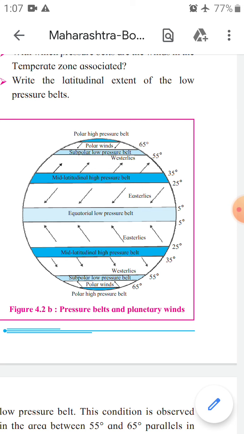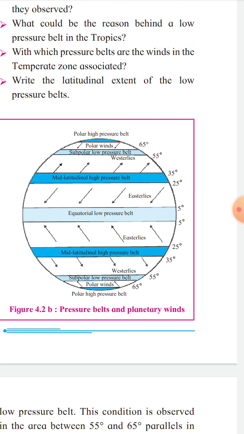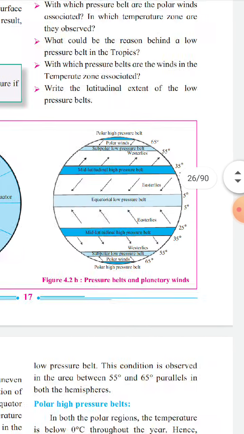And equatorial low pressure belt is 0 to 5 degree, that is 5 degree between. And subpolar low pressure belt is between 50 to 55 degree, and due to that pressure belts and planetary winds situation occur.